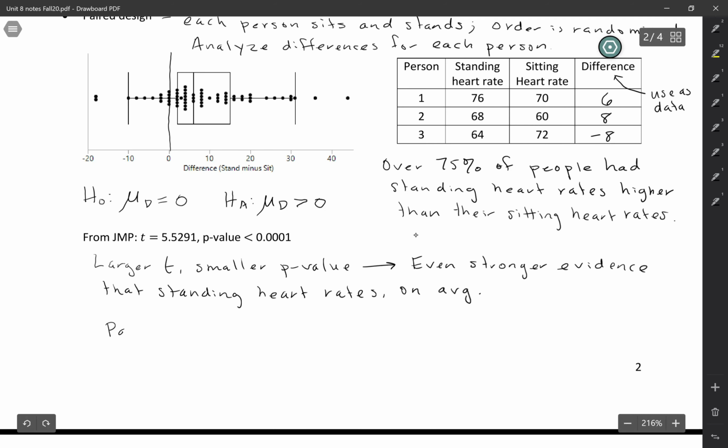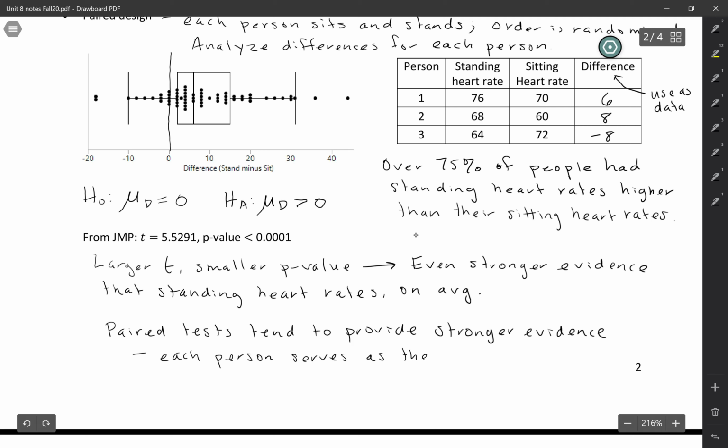So just sort of in general, paired tests tend to provide stronger evidence. And there's 2 main reasons for this. One is that each person serves as their own control, right? So we talked about how it's easier to see a difference when you're just comparing a person to themselves.